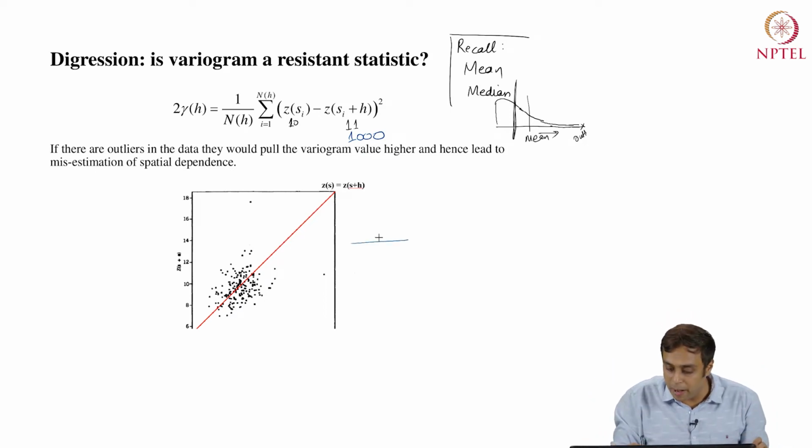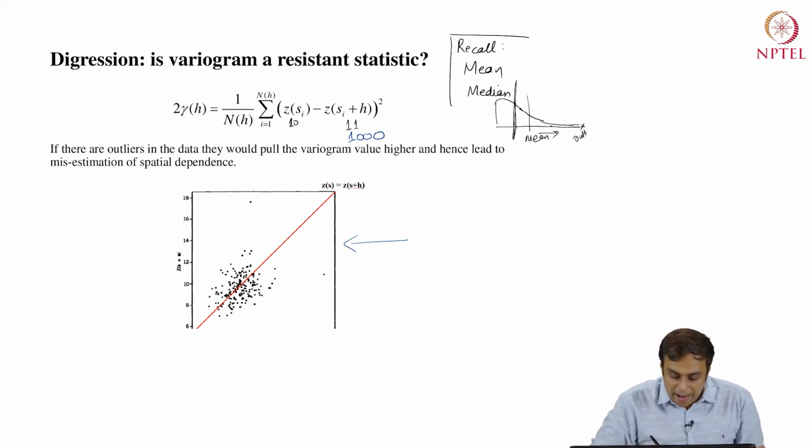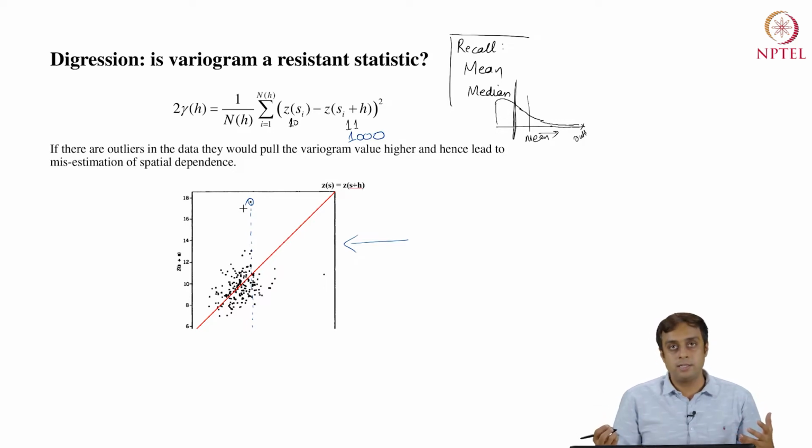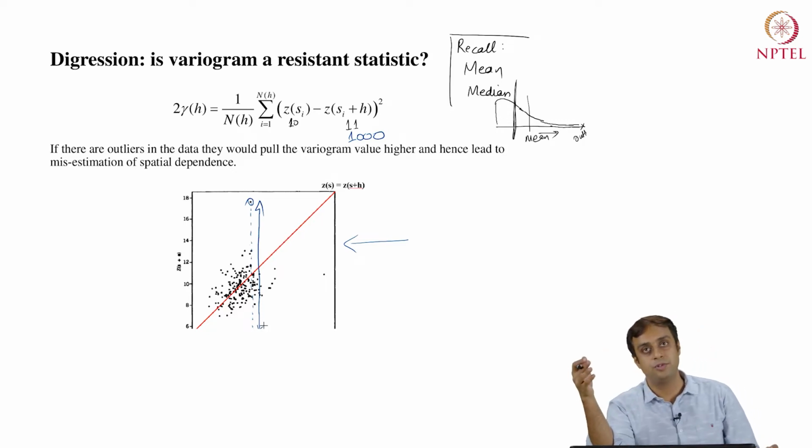To see this, look at the bivariate scatter plot that we have seen many times during this course now. For the value which is, let us say, 11, the corresponding Z(s + h), or the value nearby, is close to 18. If I were to not remove this and calculate 2 gamma h at location 11 with h1, it will be definitely pulled in quite a bit by this difference of 7 between these values.